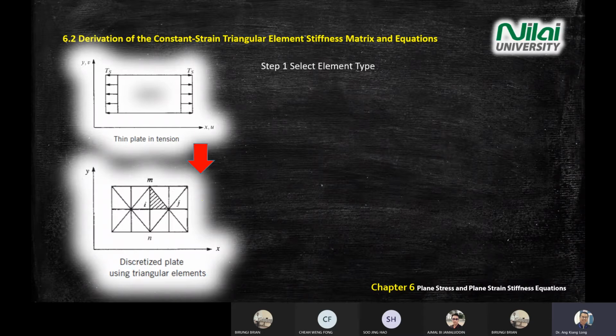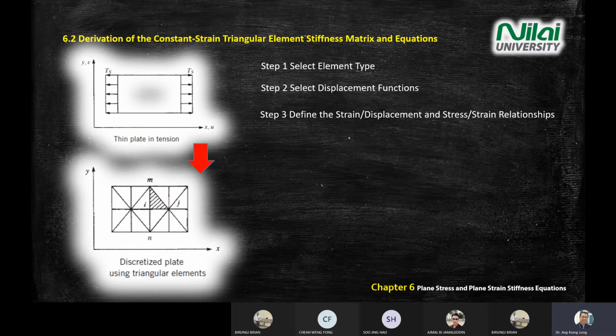So let's look at the steps. Same as when we do finite element analysis: first, we look for the element type. Second, we look for the displacement function. Third, we look for the strain-displacement and stress-strain relationships. This one we already covered since chapter 2, chapter 3, chapter 4.